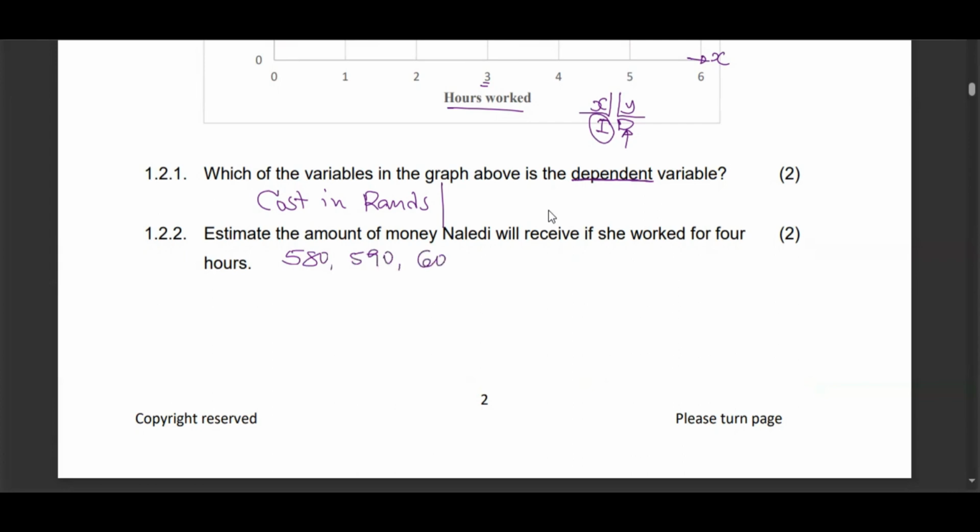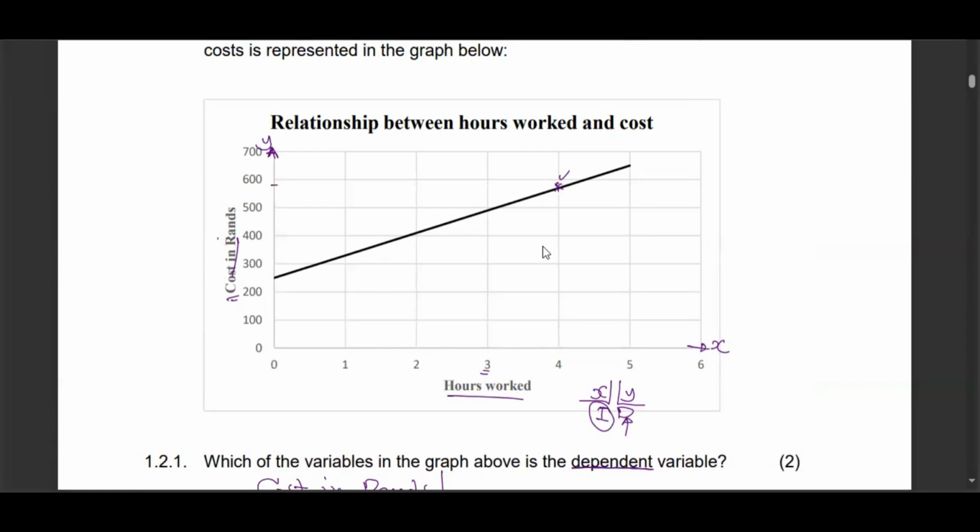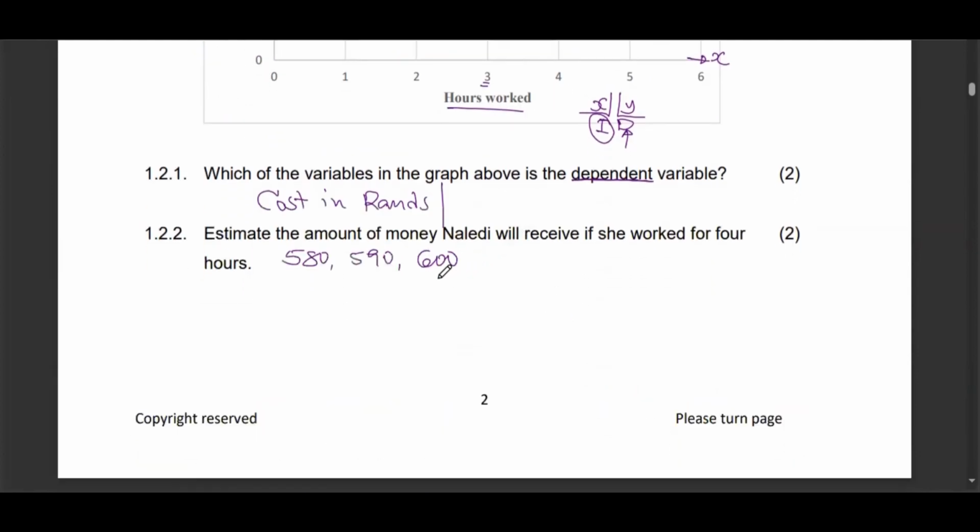Even someone who says 600, but 600 is on the dot. If it was 600, then it would have been here. But it's above, it's around here. So 580, 590. 600 is not there. We are estimating, we are not calculating. All right, there we go.